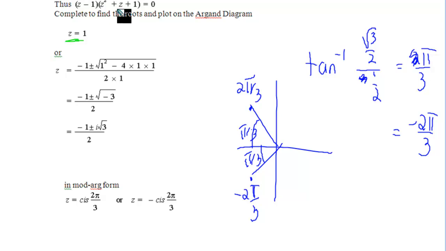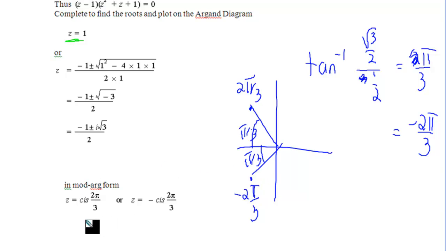Then for the second bracket, we apply the quadratic formula, and the roots are minus a half plus i root 3 on 2, and minus a half minus i root 3 on 2. In modulus-argument form, we put those in and apply those there.